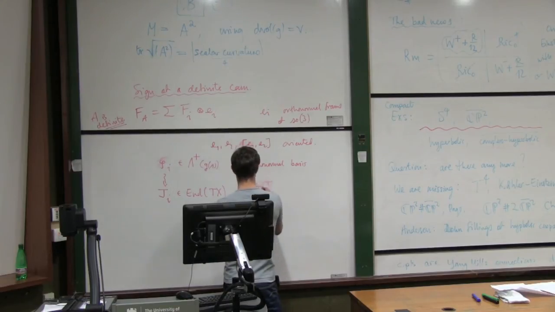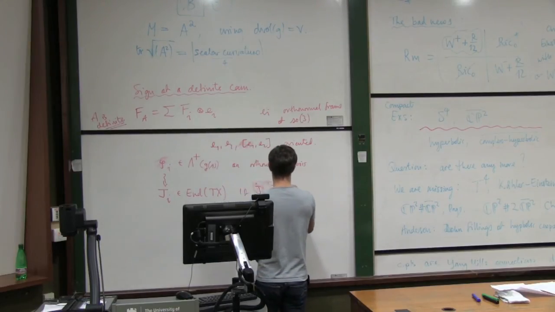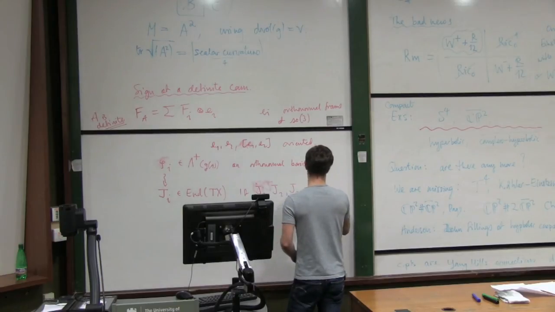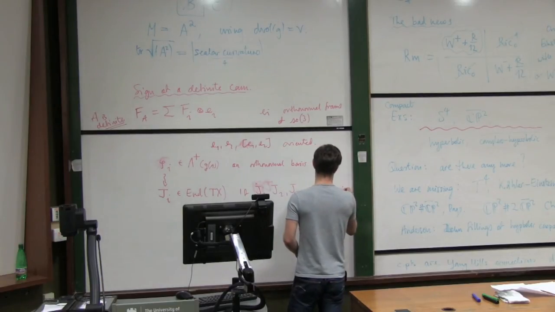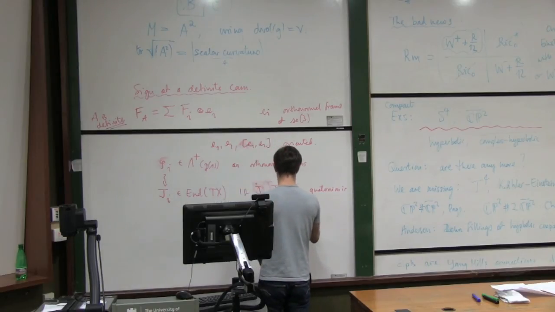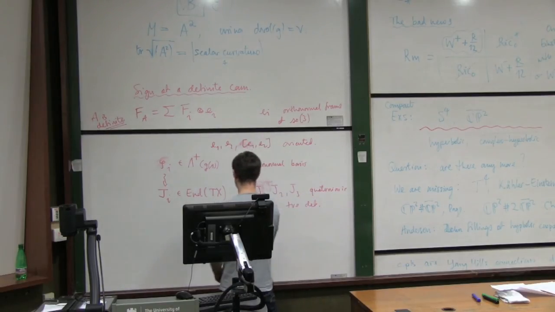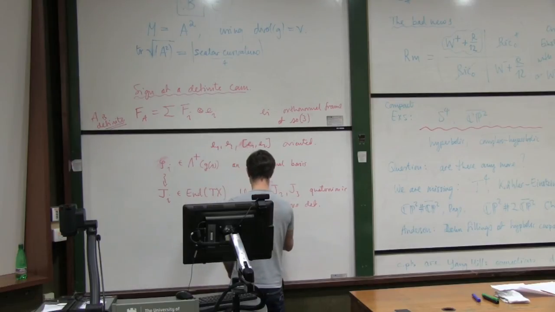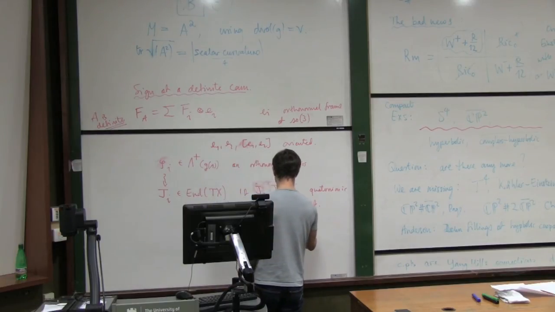If J1, J2, J3 are quaternionic, we say that A is positive definite. And if minus J1, minus J2, minus J3 are, there are 2 possibilities: either the J's do or the minus J's do.